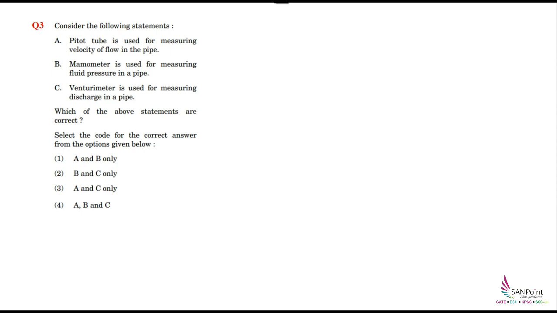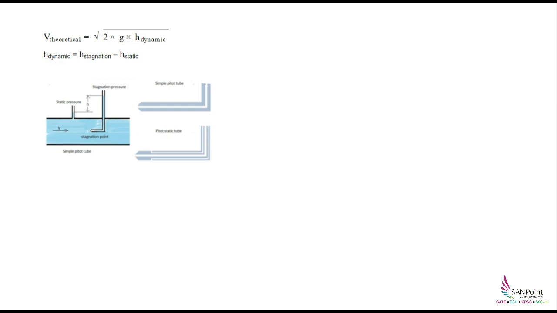In the next question there are 3 statements, and we have to choose which one is the correct statement. The first statement says that the pitot tube is used for measuring the velocity of flow in the pipe. So let's see what the concept of the pitot tube is. Here I have drawn the diagram.